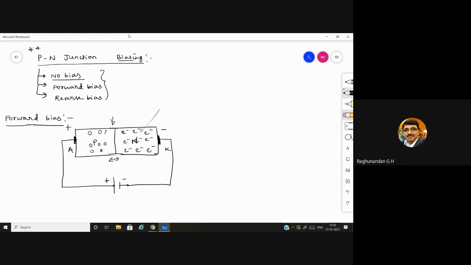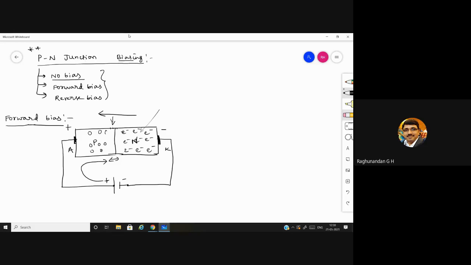The normal conventional direction is from positive to negative. So in the conventional direction, we assume that the current flows from the positive to the negative terminal. But actually, what is happening here? The electrons are flowing in the opposite direction, right? Electrons are flowing from the N layer to the P layer.